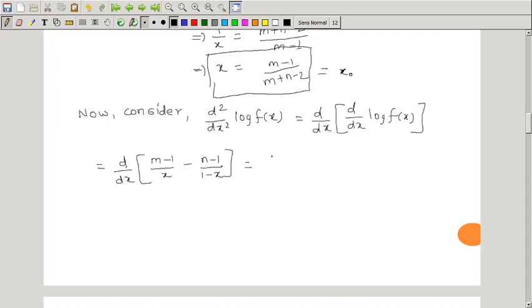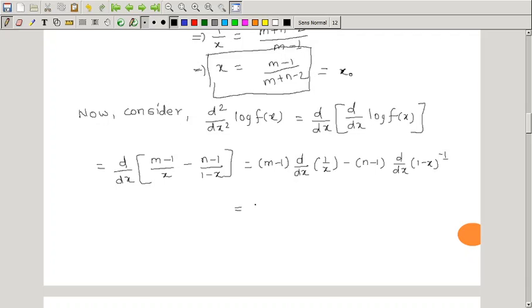Which is equal to (m - 1) d/dx of 1 upon x minus (n - 1) d/dx of (1 - x) raised to minus 1.